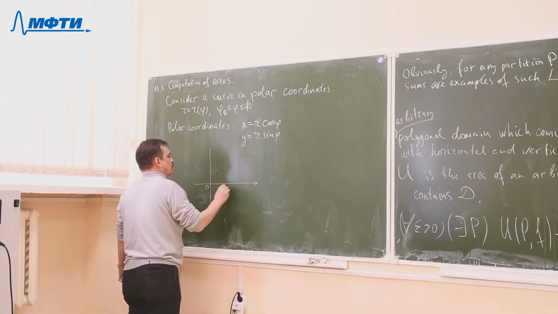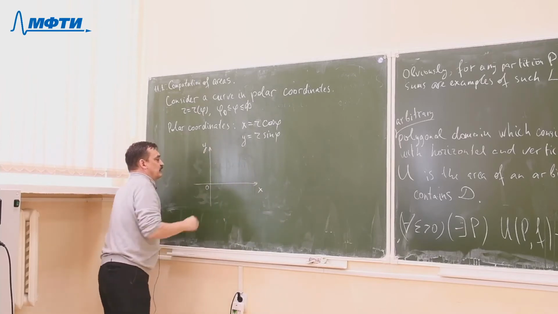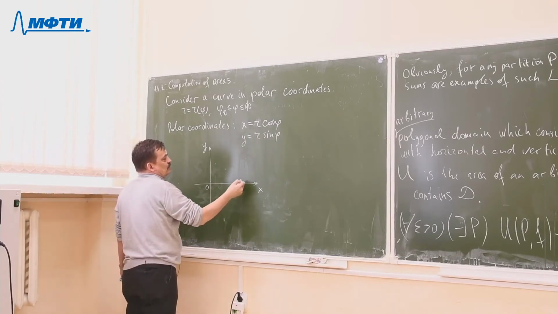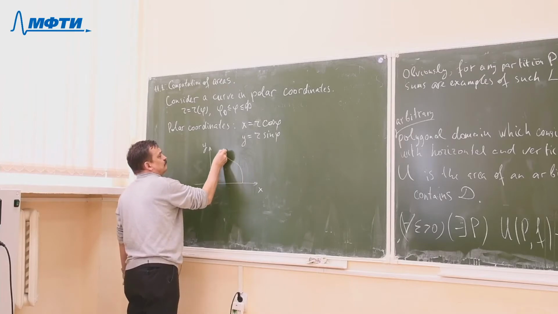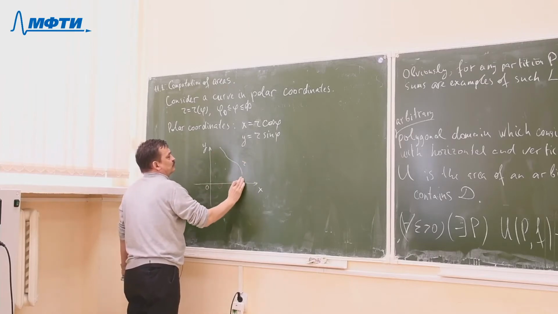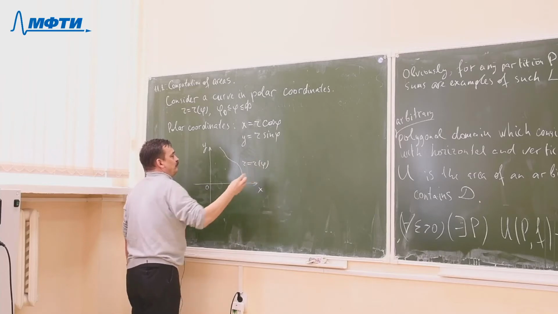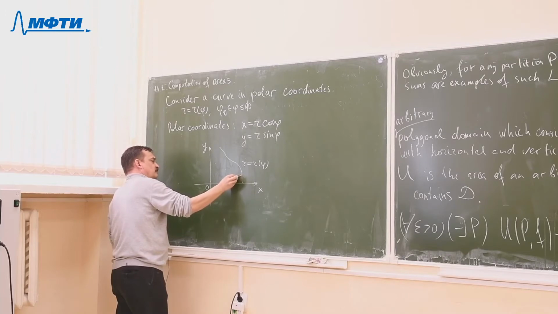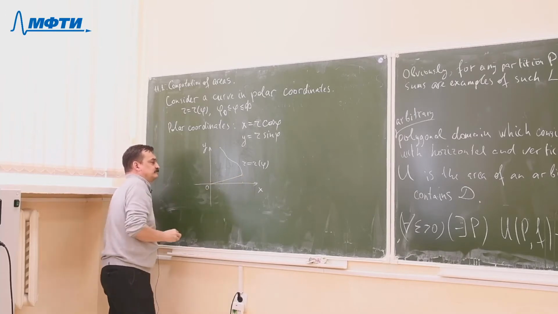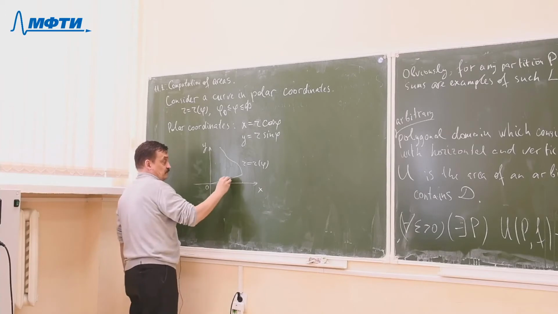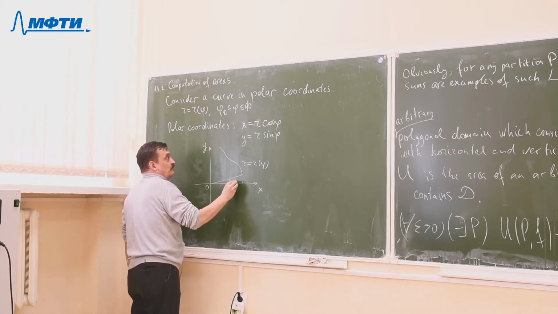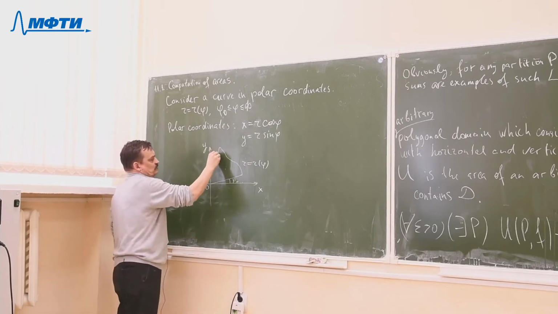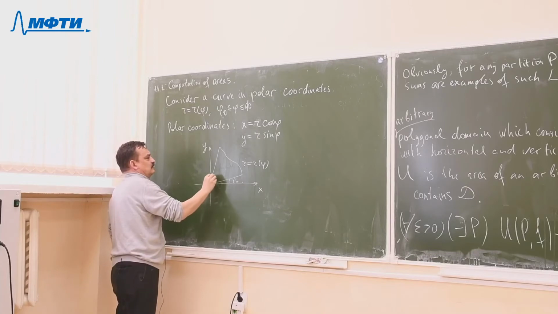look what happens. If we have usual Cartesian coordinates x and y, let's say we have a curve r equals r of phi. Fixing phi means that we fix a direction from the origin. So that is phi naught, this phi naught. And the terminal value is capital Phi.